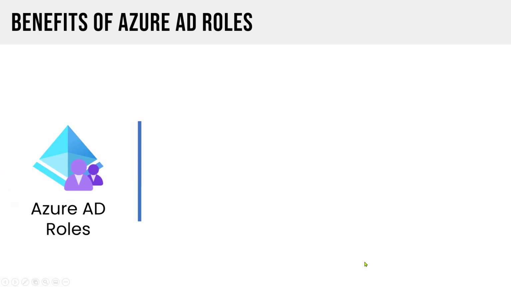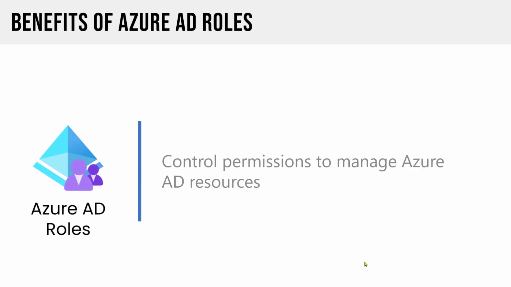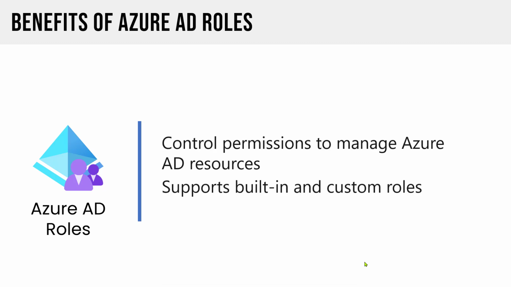So Azure AD roles are used to control permission to manage Azure AD resources. We support built-in and custom roles in Azure AD. So there are many built-in roles out of the box, some of which are global and some of which are service specific.